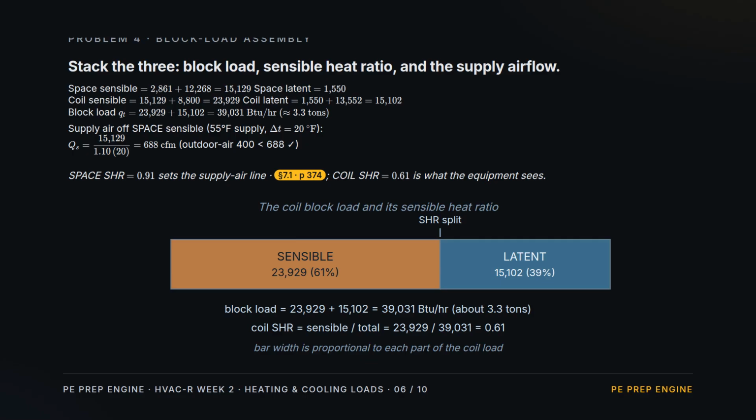Then size the supply air off the space sensible at a 20-degree supply rise, 688, comfortably above the 400 of outdoor air. Watch the 2 sensible heat ratios. The space value, about 0.91, sets the supply air line, while the coil value, 0.61, is moisture heavy from the ventilation and is what the equipment sees.